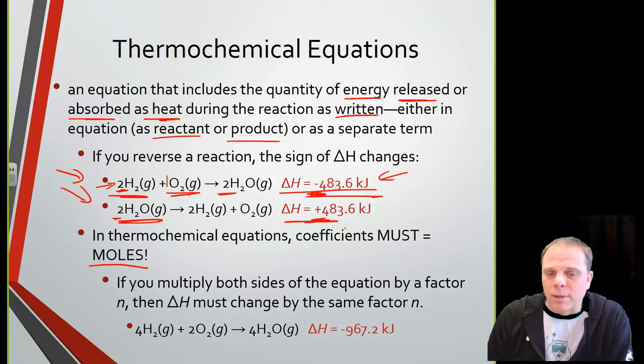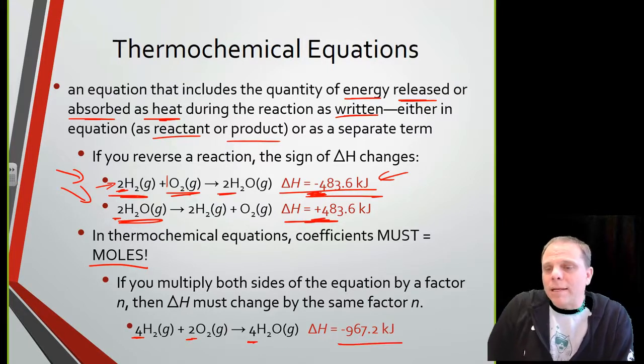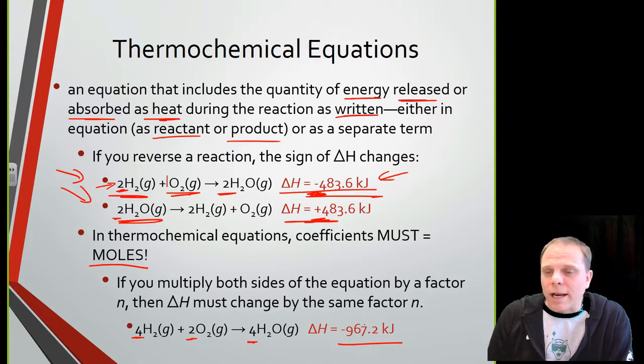Look what happens when I double everything. I have 4 H2 plus 2 O2 giving me 4 H2O, and I doubled my enthalpy. So when I write this value and talk about the number of kilojoules it's giving out, I have to pay attention to my coefficients, because that value in kilojoules corresponds to the coefficients in my balanced chemical reaction.